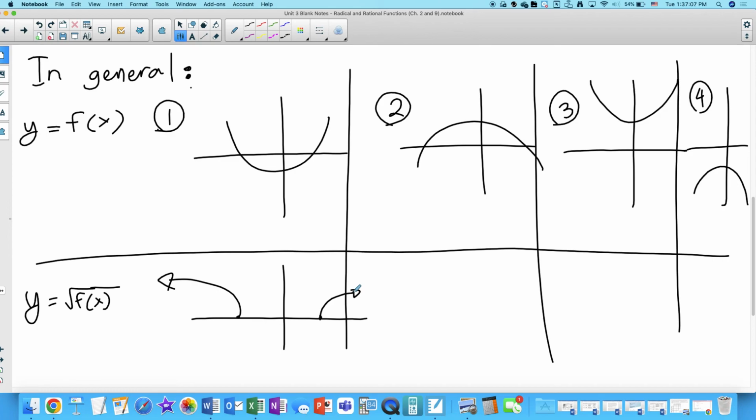If we see this second situation, essentially in the first and the second, there are regions where the original is positive or negative. Where will the radical function be defined here? Yep. Inside the parabola above 0, like in between the two x-intercepts.